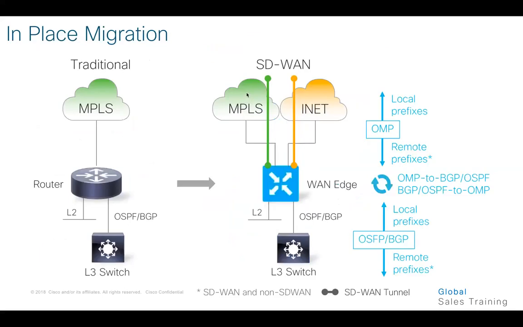If you look at the branch migration, you can take the router which is already running IOS XE code. You can just install the SD-WAN code and convert that router to SD-WAN. I'm sure all of you are aware of how we convert the XE router to SD-WAN. It is a very simple process.